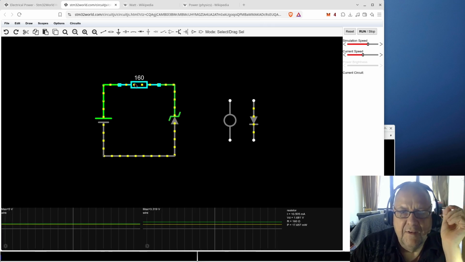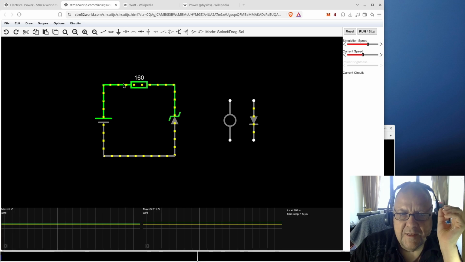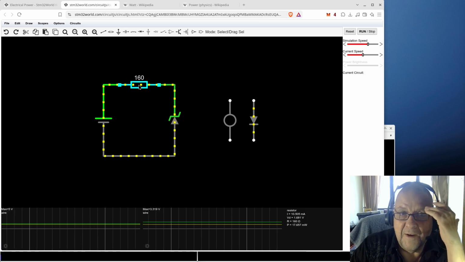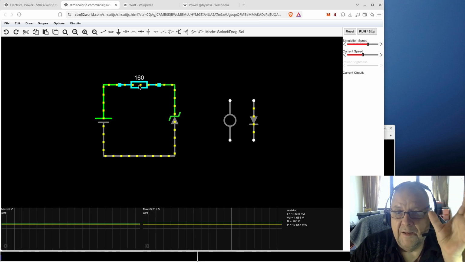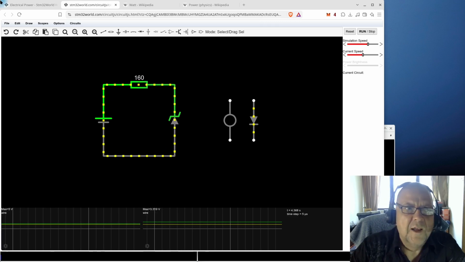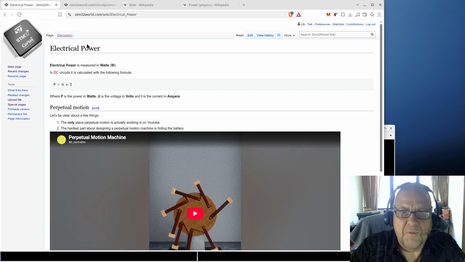That's a fact. So if we look at this resistor, it will have a current, and a certain amount of power dissipated in that resistor. If we look down in the lower right corner, you can see that P in this case is 17.65 milliwatts. Now the formula, I mentioned the formula before, no, I didn't mention it, but I'll mention it now. Power is voltage multiplied by the current.